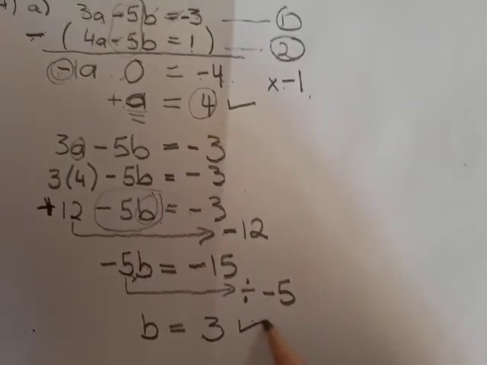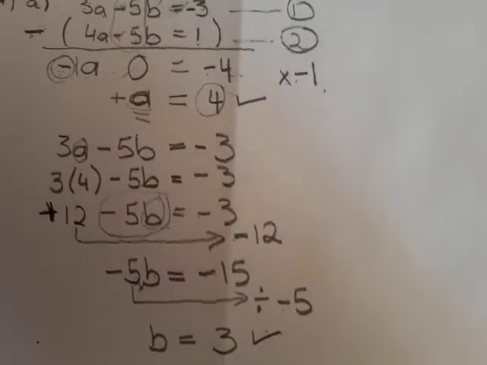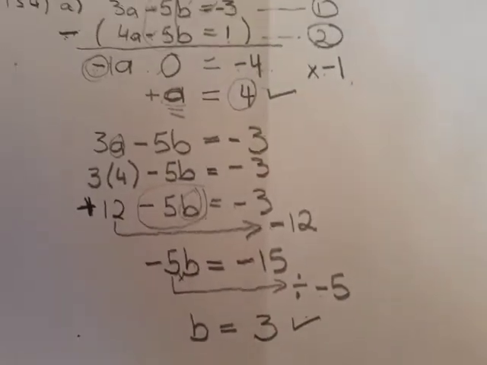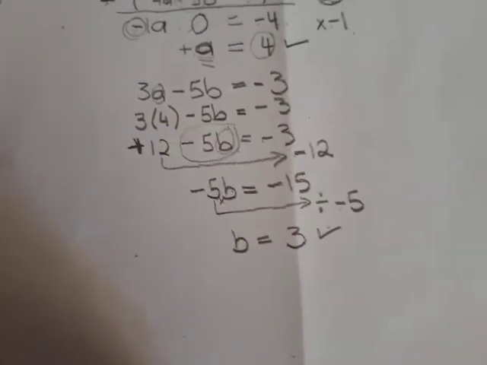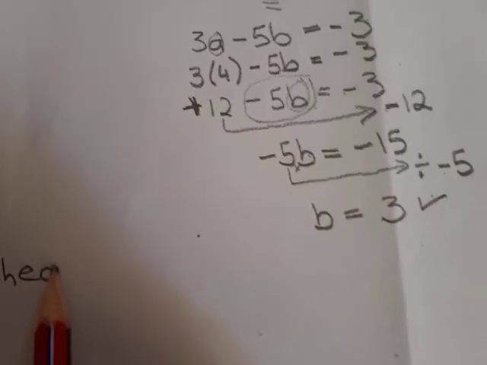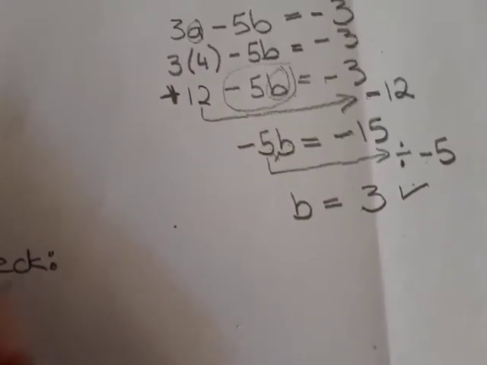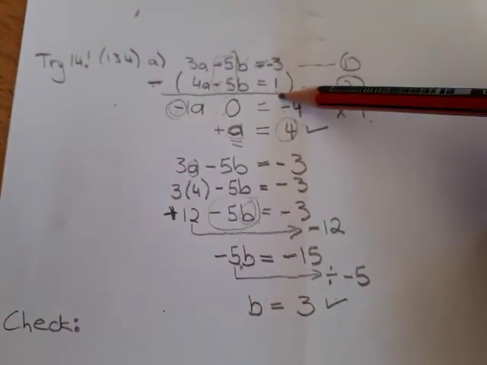So now I have a value for A and a value for B, people, and I have solved these two equations. Now the last step we always do with simultaneous equations is the check. And the check is really quite easy. You take one of the two equations.